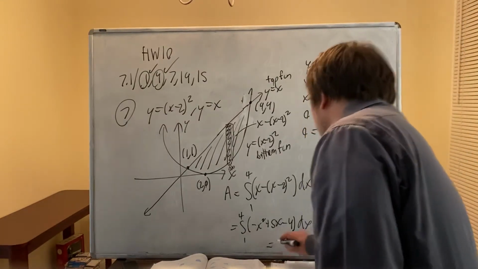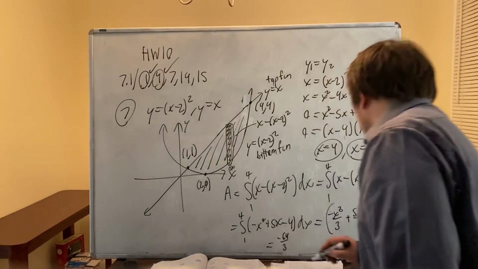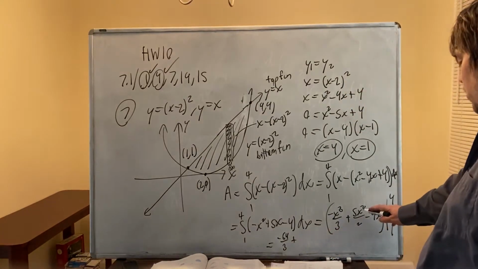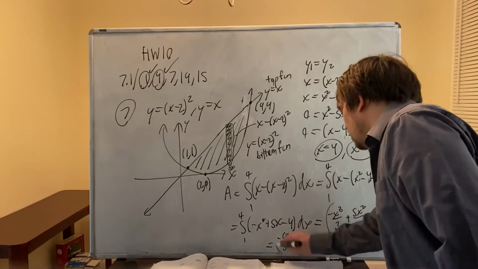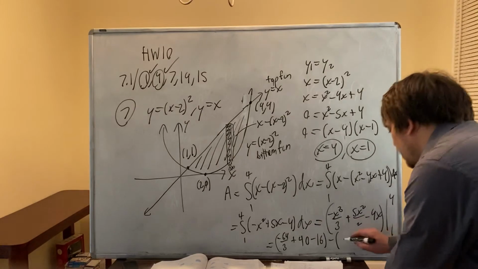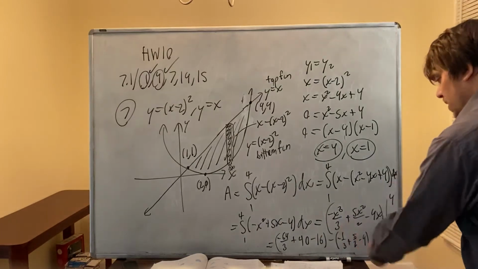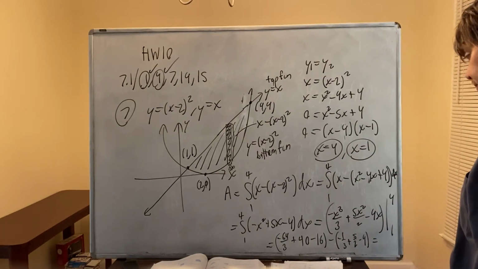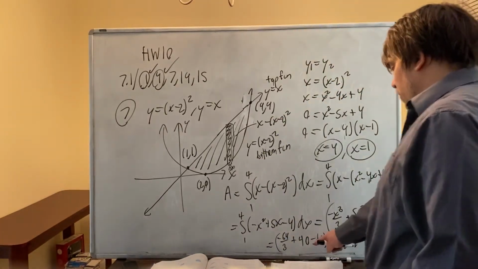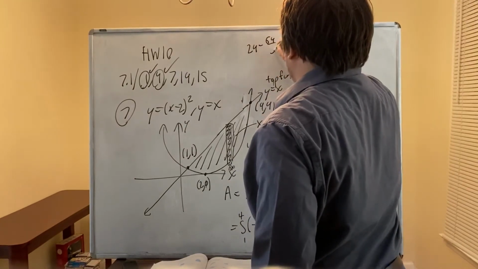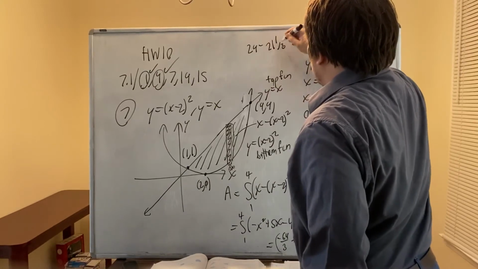Now you calculate that. Plug in 4, and you get negative 64 over 3, plus 40, minus 16, and then minus, plug in 1: negative 1/3 plus 5/2 minus 4. So that minus that. 40 minus 16 is 24. 24 minus 64 over 3 is 24 minus 21 1/3, which is 2 2/3.